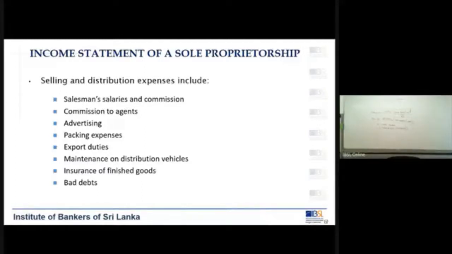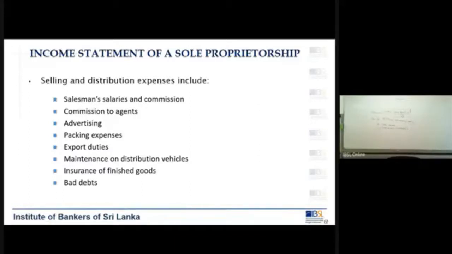Then you also have advertising. As I told you, the advertising part of expense is also there. Then you have packing expenses. Sometimes you bring in the raw product from the wholesaler, and then you have to do some repackaging. This repackaging happens to promote your name on the product.